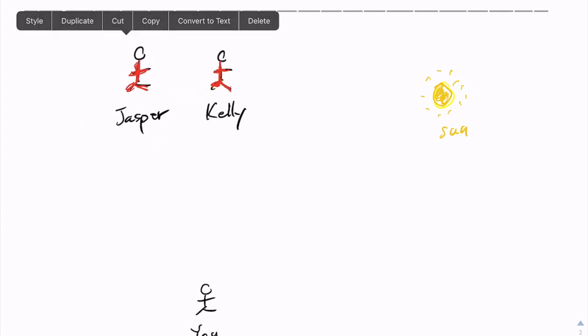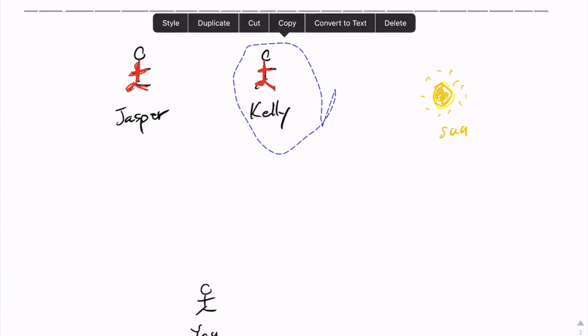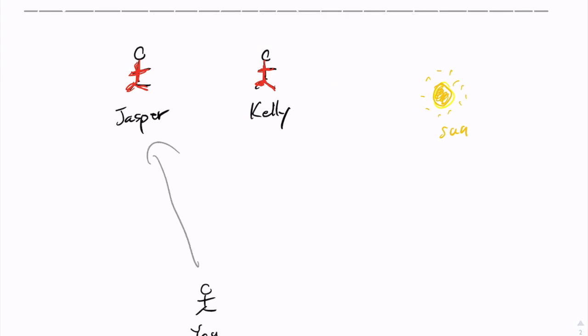Rayleigh's criterion is really about that: when two similar colored objects, or exactly the same colored objects, can be distinguished from each other when they get close enough to each other.